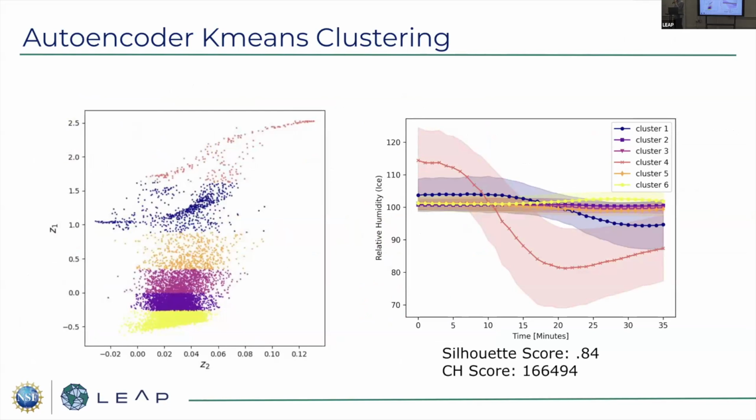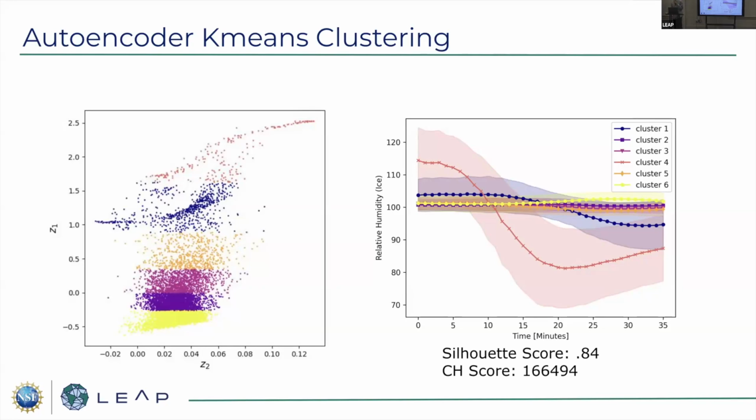And then I found k-means clusters within that latent space, which you can see denoted by the different colors there. Then after going back to the actual 35-dimensional space, I applied those centroids and labels to the droplets within that space, and I was able to plot the trajectories of those centroids on the right.